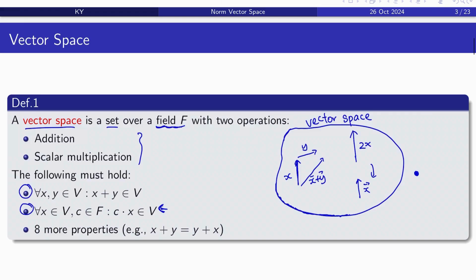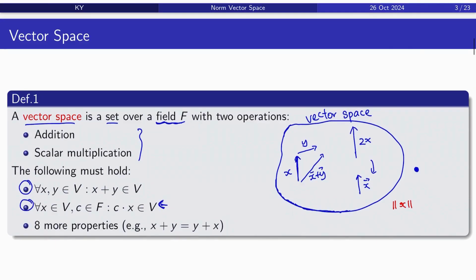But a normed vector space, what we're saying here is that we have a vector space right here, but we have an extra tool called the norm, which we denote like this, which basically says we can have an additional tool to measure the length of the vectors.